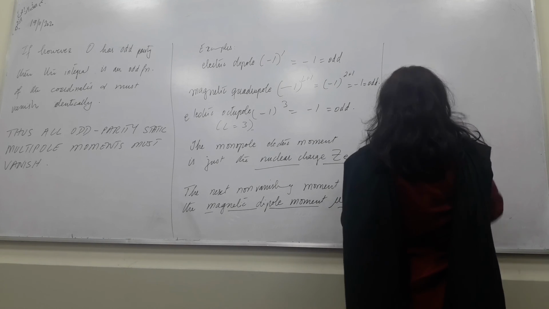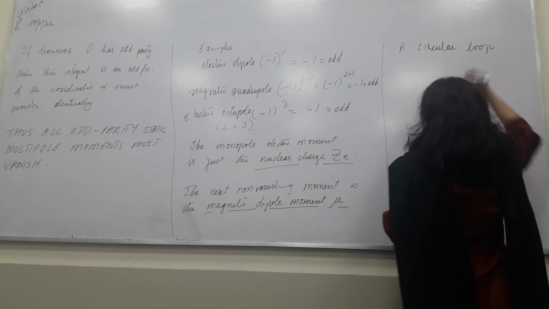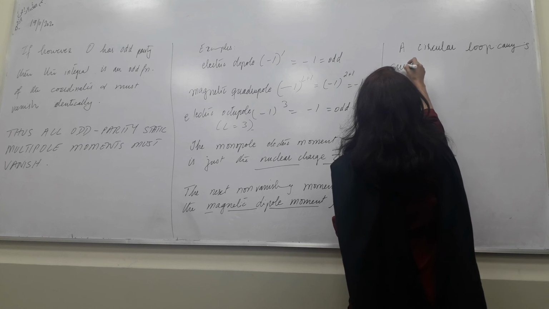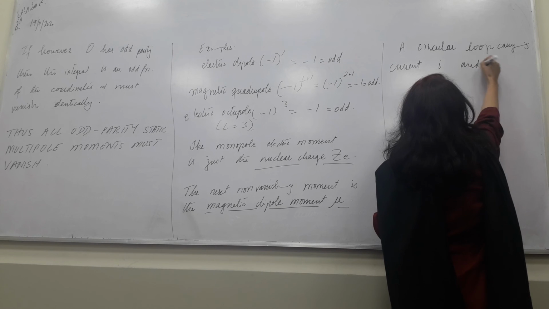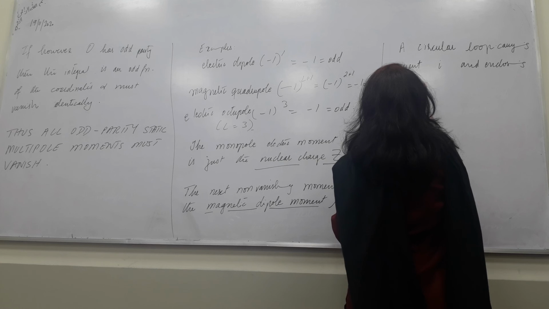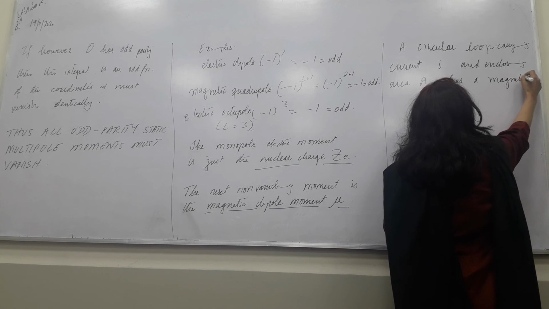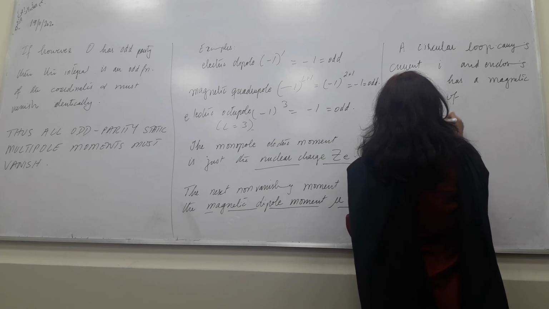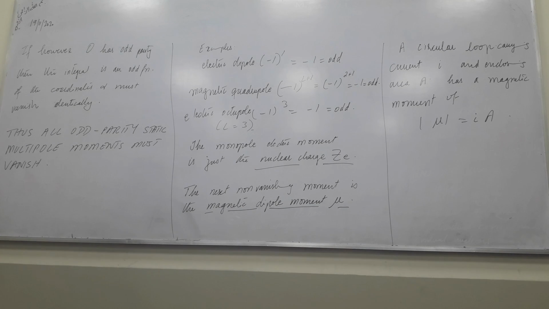Okay, and a circular loop like we just discussed, these are some examples, right? A circular loop carrying current, let us say I, and enclosing an area A has a magnetic moment given by mu is equal to I A. So, these are the simple ones that you have already studied before, right?